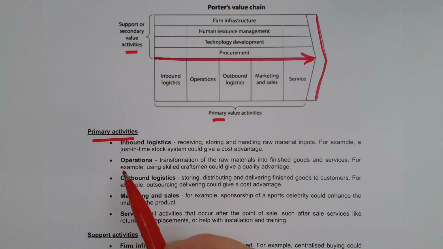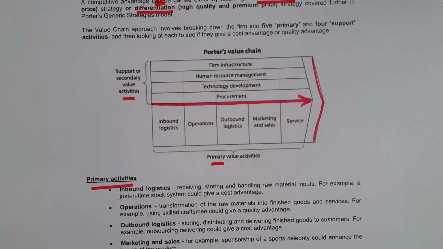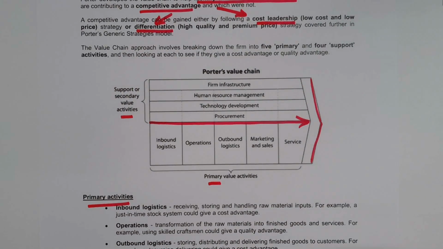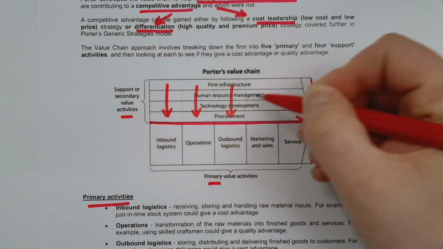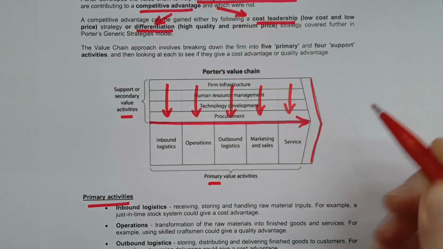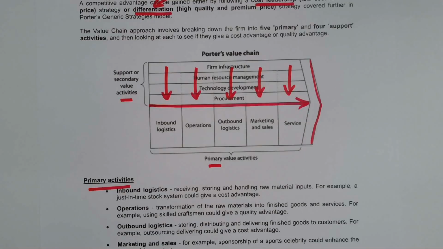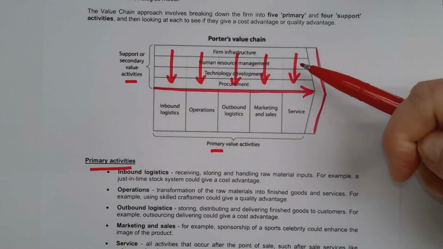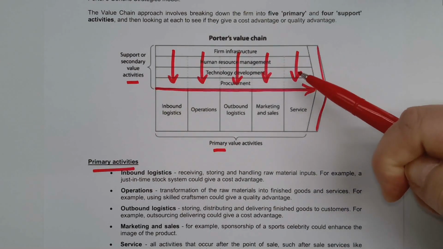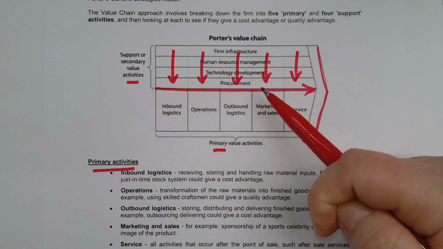So we have primary activities. We then have support activities. Each of these primary activities is supported by things such as the firm infrastructure, how we structure the organization, the staff we have, the human resources, the technology we use, and then where we locate.